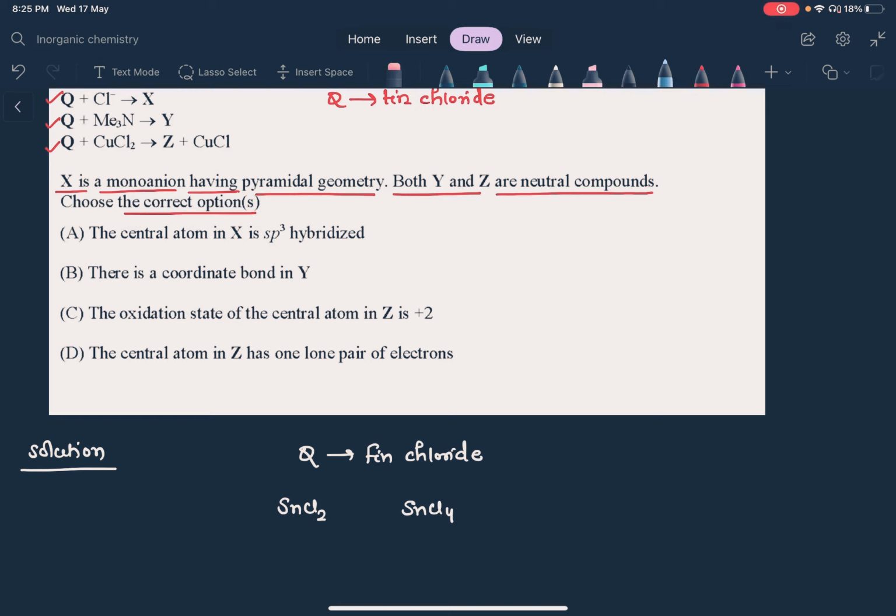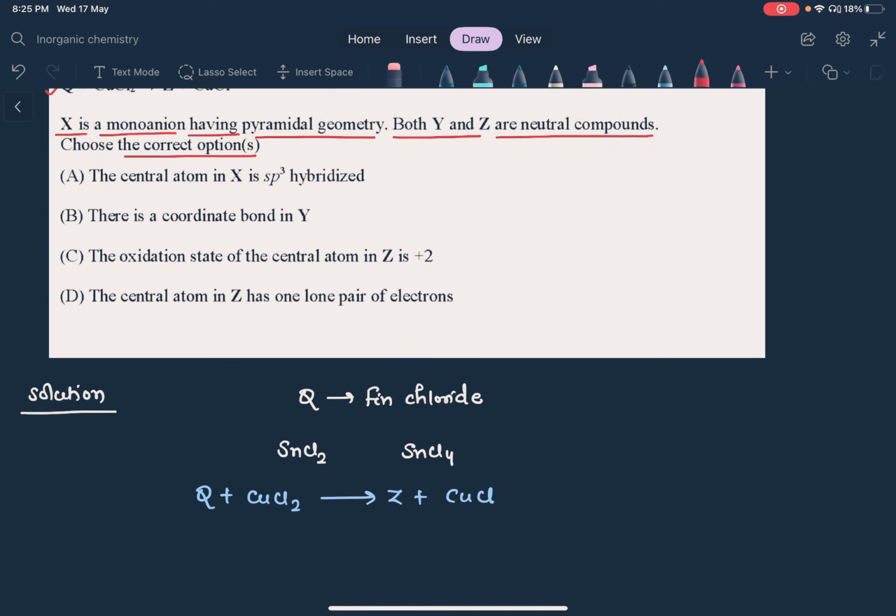Now if you see the third reaction, Q is reacting with CuCl2 producing Z plus CuCl. So from here we can see that the oxidation state of copper goes from +2 to +1.